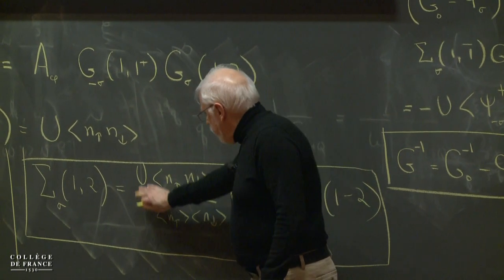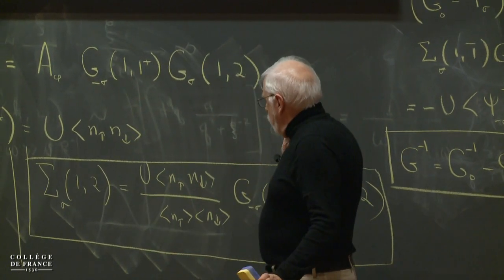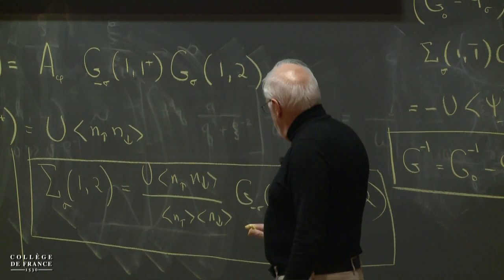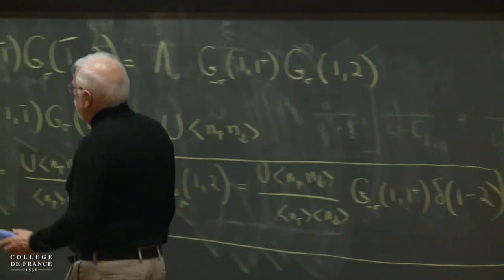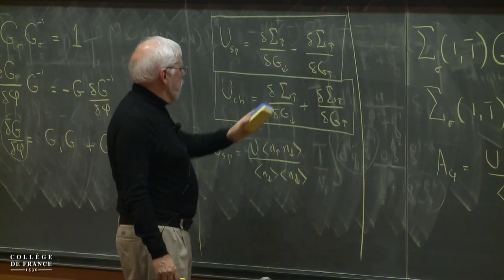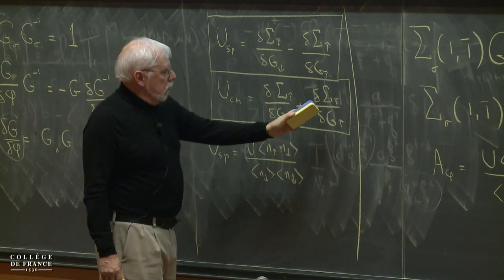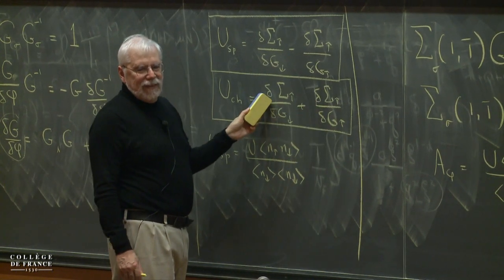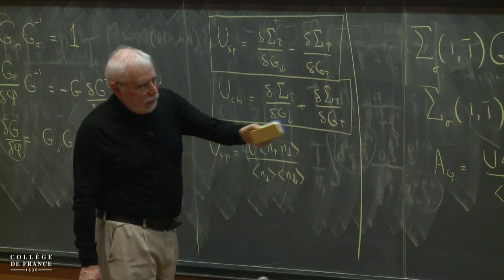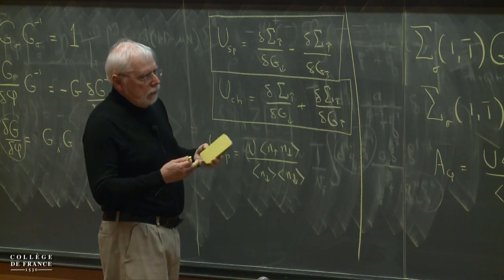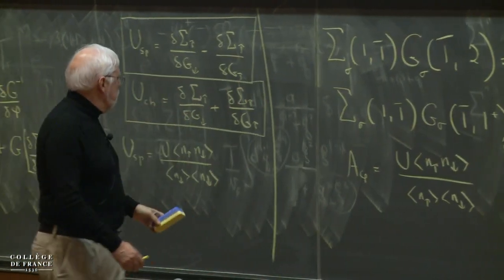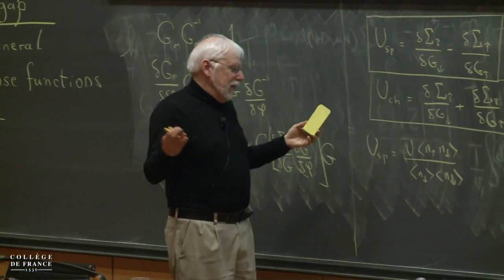If it were not for this factor, you would get the bare U, because when you take the functional derivative here, that would give you U and 0, and here you would get 0 and U. So this is how you get RPA. But here, with this correction factor that imposes the consistency between this one- and two-particle quantity, these two things become different.